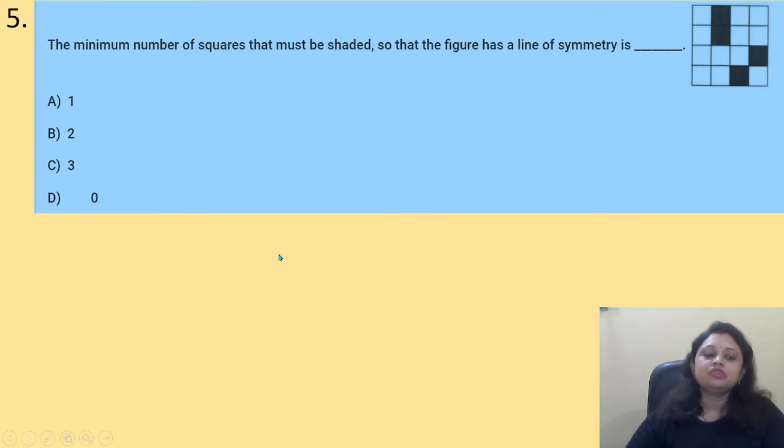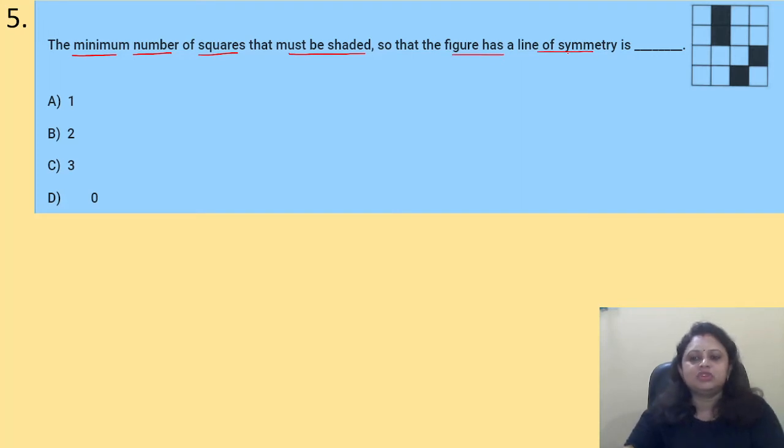Right? Coming to the next question, the minimum number of squares that must be shaded so that the figure has a line of symmetry is dash. Option A 1, B 2, C 3, D 0. So in the question it is asked the minimum number of squares that must be shaded so that the figure has a line of symmetry. Okay.